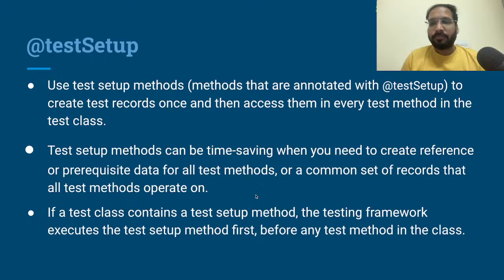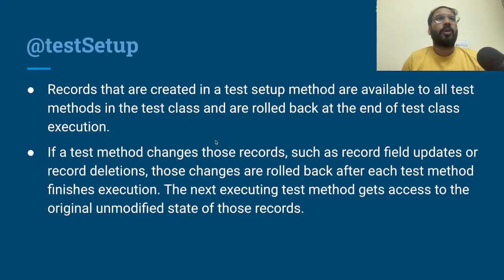Now, if I move forward, two more points are listed here. Records that are created in a test setup method are available to all test methods in the test class and are rolled back at the end of the test class execution, right?